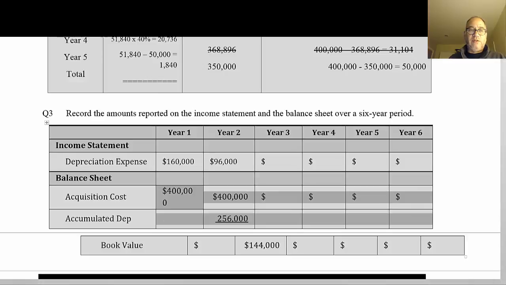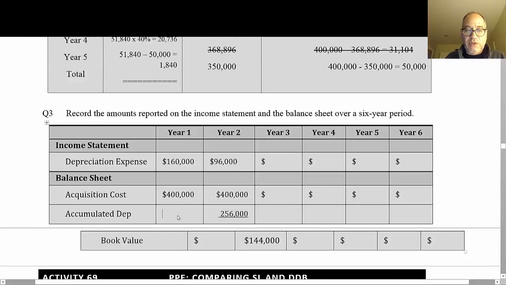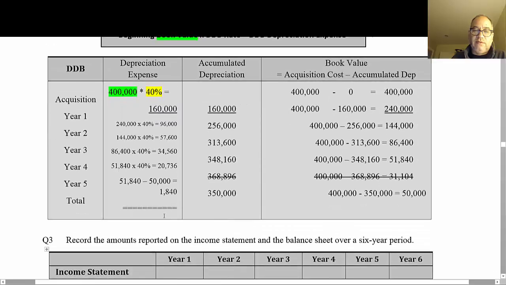Gotta make these a little smaller. Sorry about this. And the accumulated depreciation then would be $160,000, giving me a book value of $240,000. In year two, my accumulated depreciation would be $256,000, that's given, and a book value of $144,000.